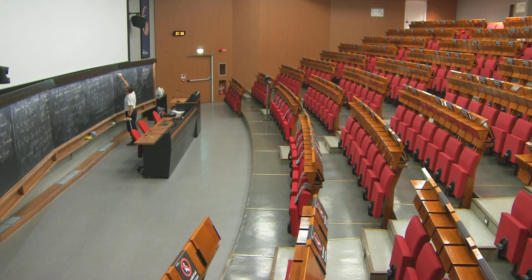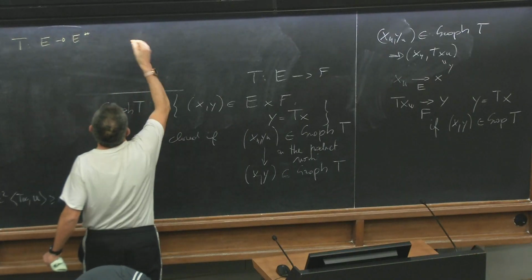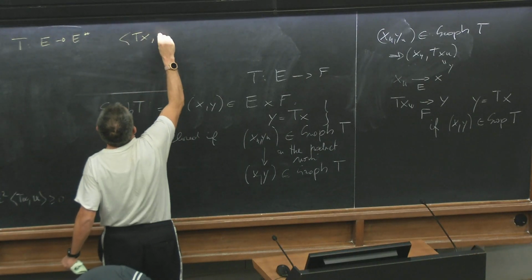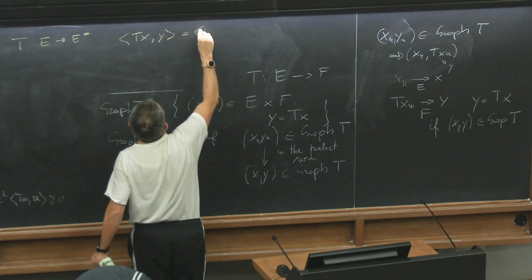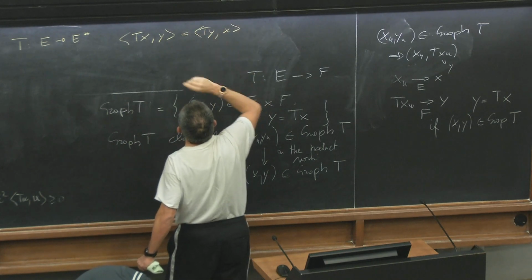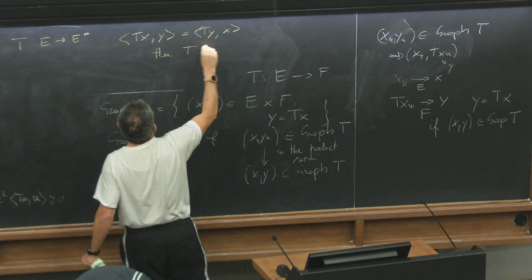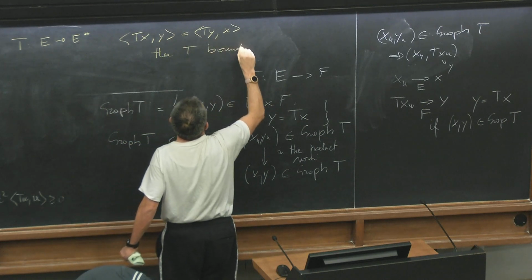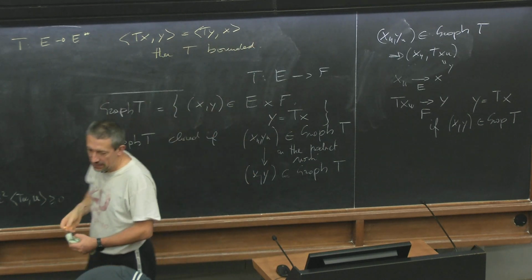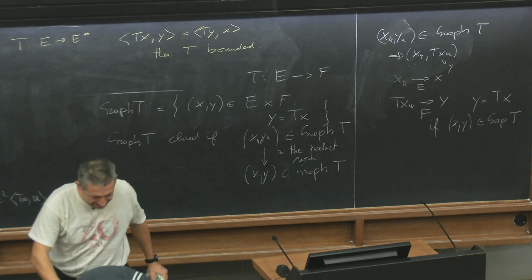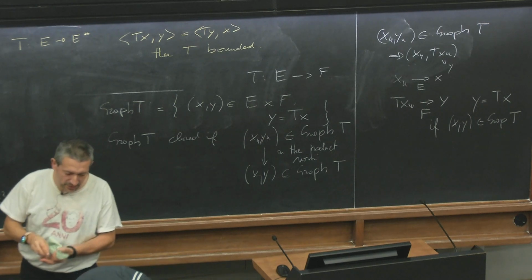T from E to E star such that Txy is equal to Tyx. Then T is bounded. This is even easier. I mean, you don't need to do basically anything. We are not going to consider it.